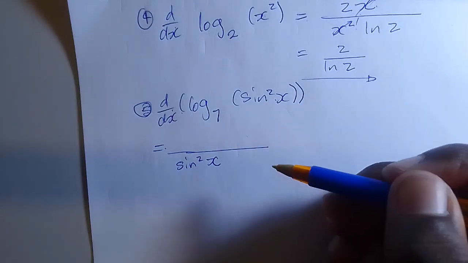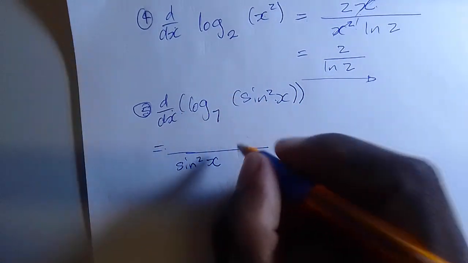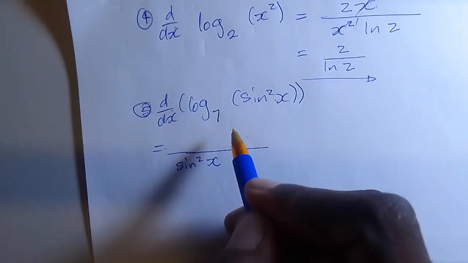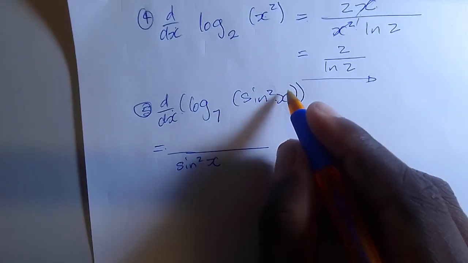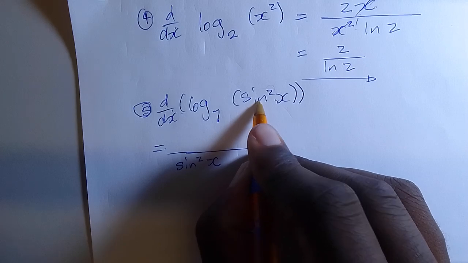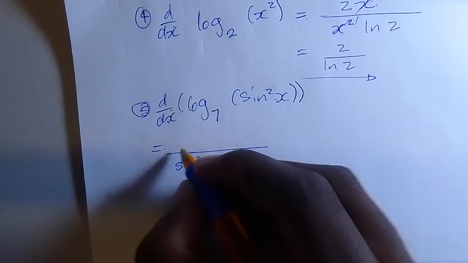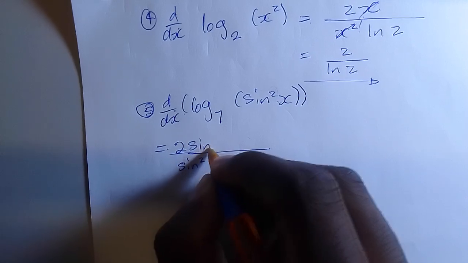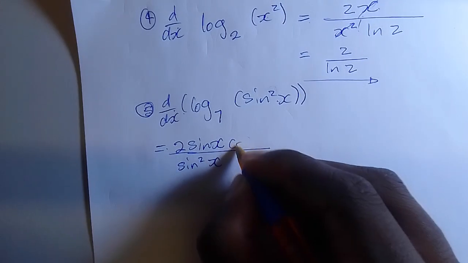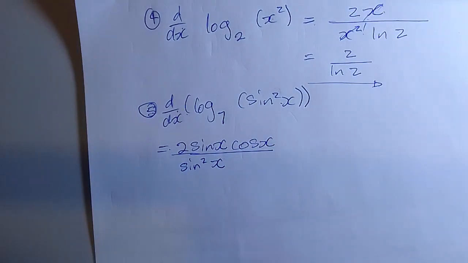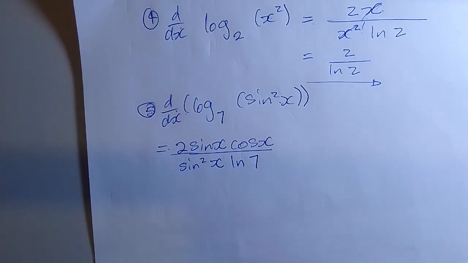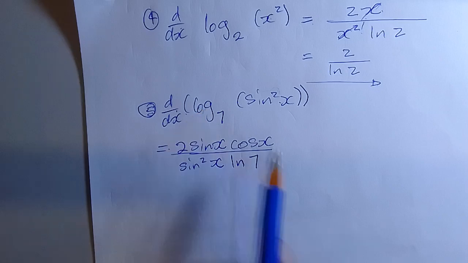So this sine squared x is actually two functions, the outer function, which is something squared, and the inner function is sine x. So we'd have to use the chain rule to differentiate this. So to use the chain rule to differentiate this, we differentiate the outside, which will give us 2 sine x, and then the inside, which is sine x, and it gives us cos x. Now we just need one last thing. It's ln 7, which is ln of the base, because if you have log, you have to have ln of the base here.